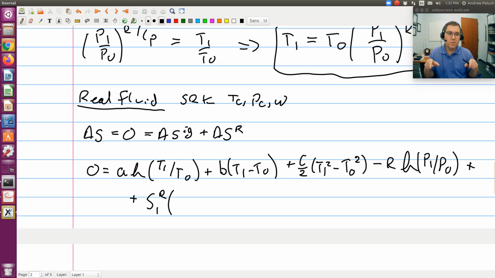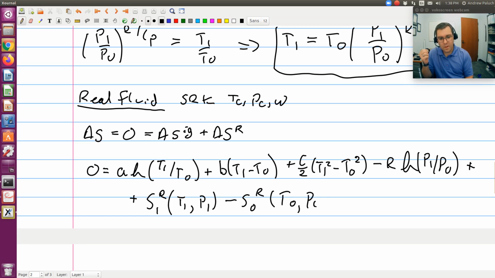In goes, for state 1, T1, P1, Tc, Pc, and omega, and out comes residual entropy. So this would be a function of T1 and P1. You could think of Tc, Pc, and omega being parameters, minus S naught R, which is a function of T naught and P naught.